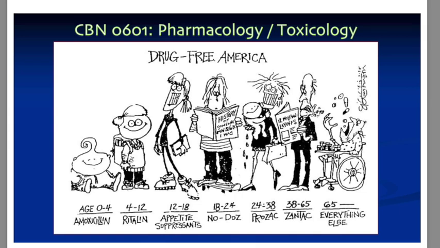Pharmacokinetics, on the other hand, focuses on the processes of drug absorption, distribution, metabolism, and elimination within the body. We discussed various routes of administration, factors affecting bioavailability and distribution, the role of the liver in drug metabolism, and the importance of kidney function in drug elimination. Understanding these principles is crucial for optimizing drug therapy, minimizing adverse effects, and ensuring the safe and effective use of medications in clinical practice.